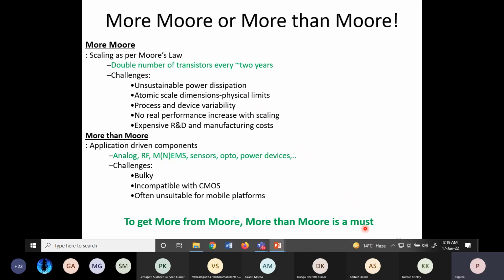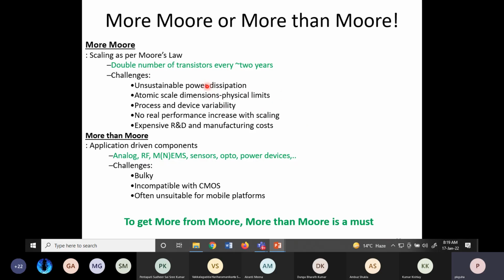But here we are in a position now where it is very difficult to sustain that continuous progress, simply because it requires a lot of money and a lot of new innovations, and that is not giving us value for money, in a sense. That is not giving us enough advantage, right? And we are now in the atomic scale. It is very difficult to reduce the dimension even further.